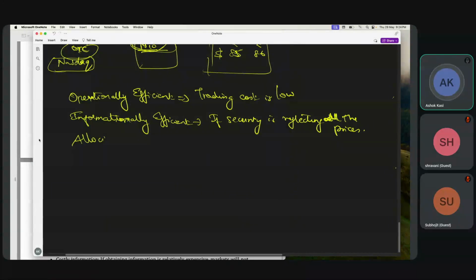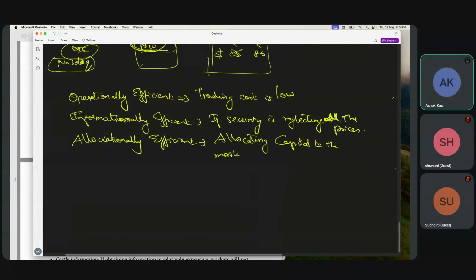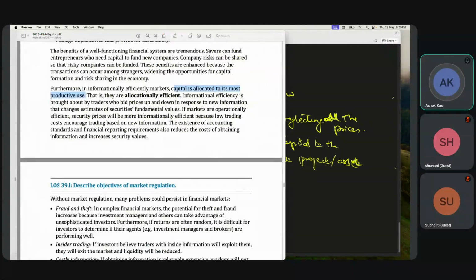Allocationally efficient means allocating capital to the most efficient project or most efficient security, that means allocating capital to the most efficient project or assets.